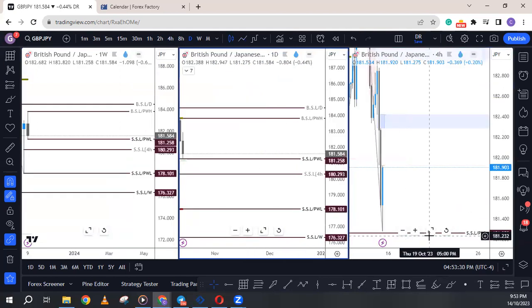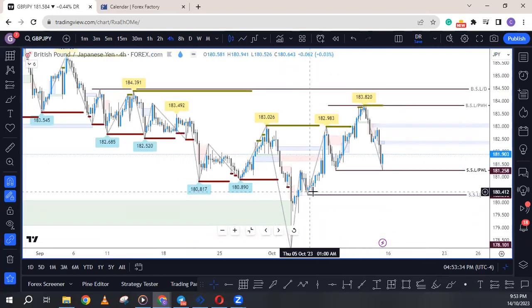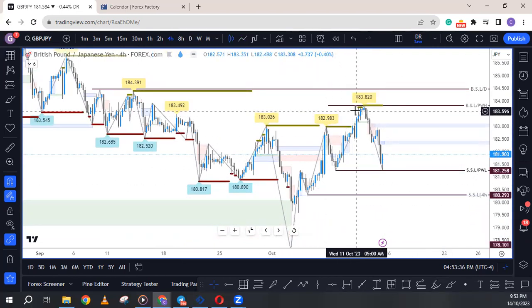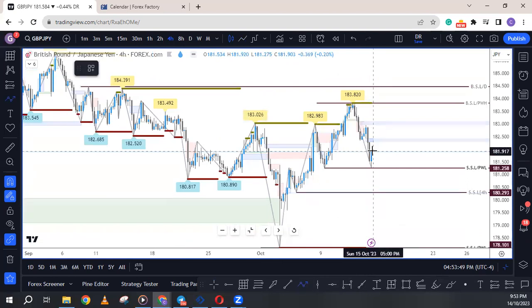If we go into the 4-hour time frame, we can see price is making higher highs and it's not making lower lows. Price got here and bounced. So now, if this pair is to continue bullish, it might do something like this.